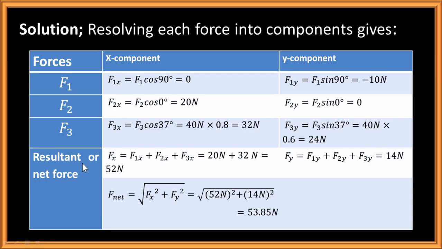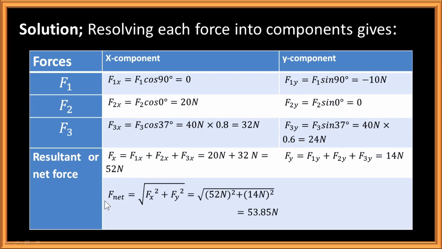The resultant or net force: let us add the x component forces, meaning Fx is F1x plus F2x plus F3x. 0 plus 20 Newton plus 32 Newton, which is 52 Newton. So the resultant force in the x direction is 52 Newton. When you add the y component forces, Fy is F1y plus F2y plus F3y, which is 14 Newton.